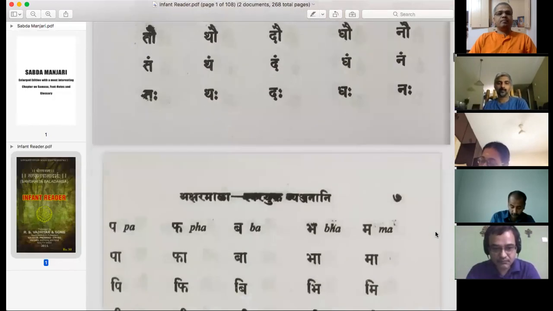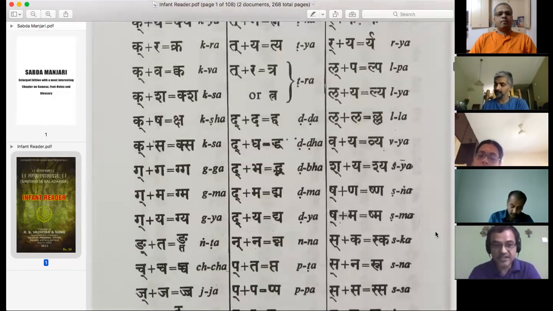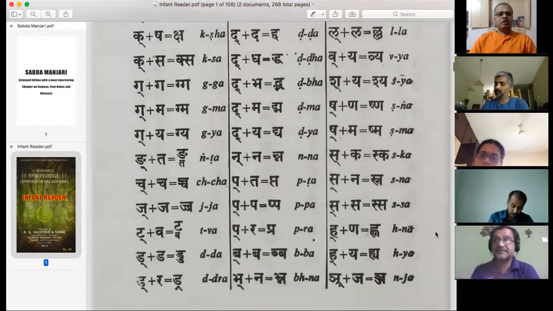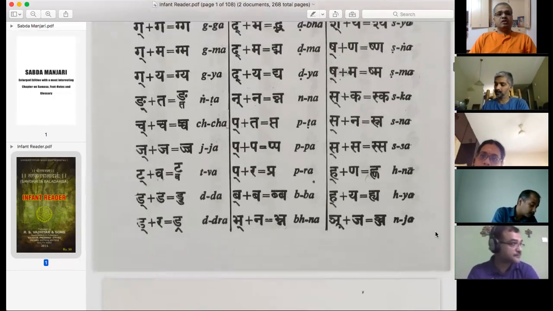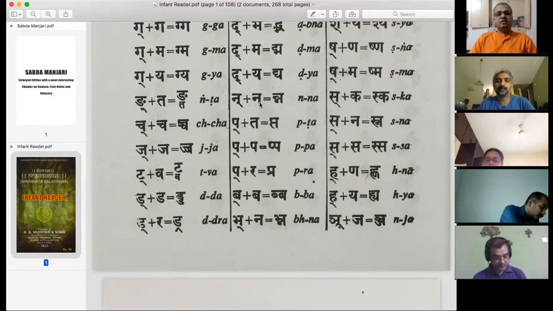These are all conjunct consonants: a consonant followed by another consonant without being separated by a vowel. The stroke underneath means the vowel has been removed. So it is n plus na. Na has a consonant component and a vowel component, n plus a.